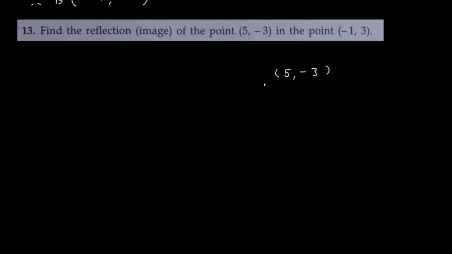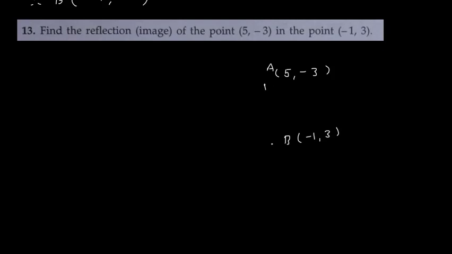I have, say this is point A. I have another point B. A I will write here on this side, similarly I will write B on this side. B is (-1, 3).